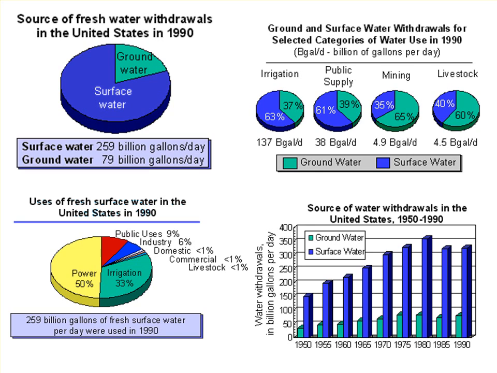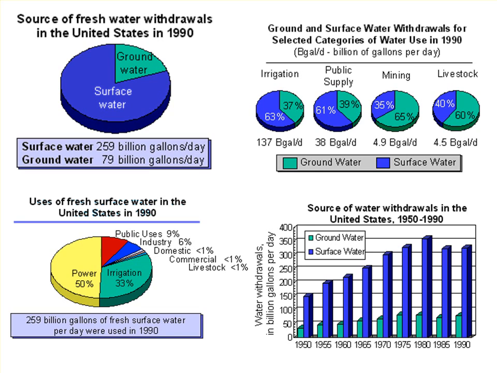So we get 259 billion gallons per day from surface water, things like lakes, rivers, streams, springs, that kind of thing. And 79 billion gallons per day come from groundwater. Okay, that's where we get our water from. 79 billion comes from groundwater, and 259 billion comes from surface water.